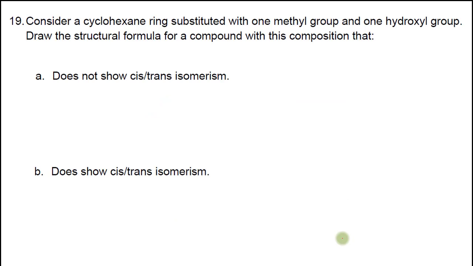All right, here we have a cyclohexane ring with 1 methyl group and 1 hydroxyl. So we want to show a compound where it doesn't show cis or trans isomerism. So if you had a cyclohexane, we have 1 CH3 group and 1 OH. If they're on the same carbon, they can't show cis or trans isomerism.